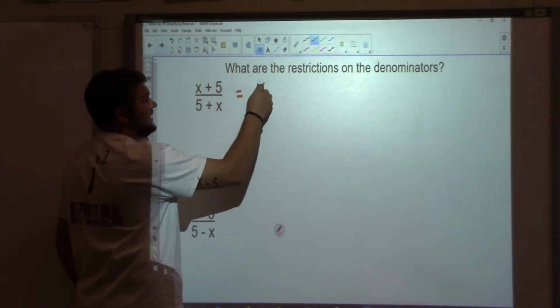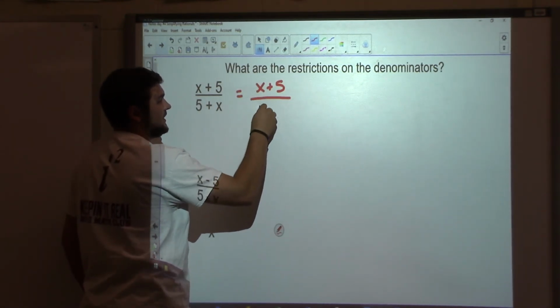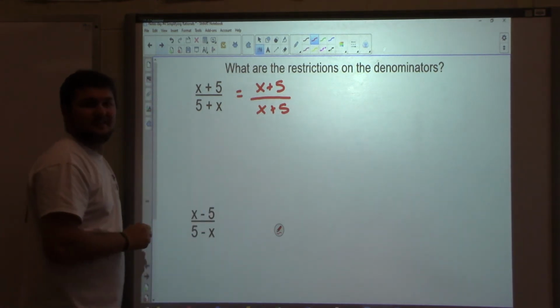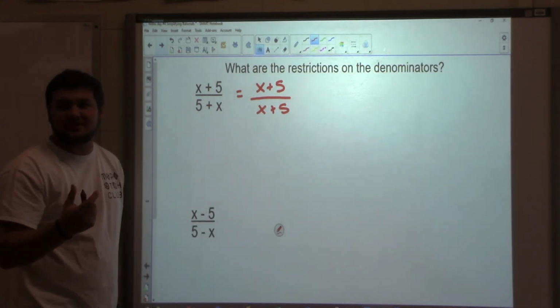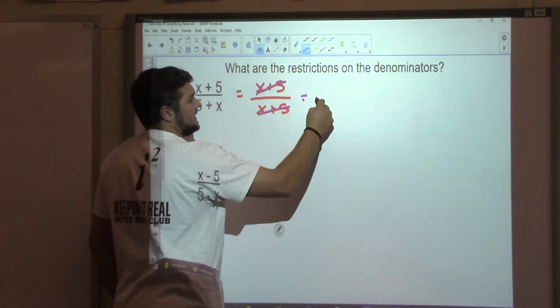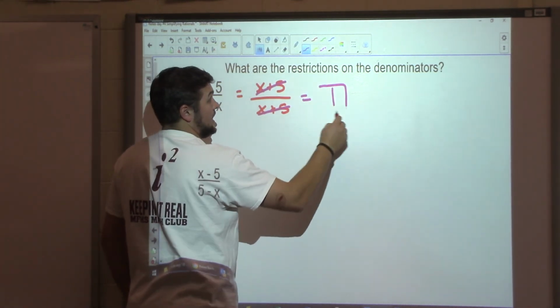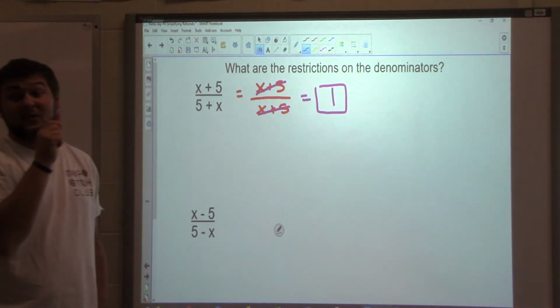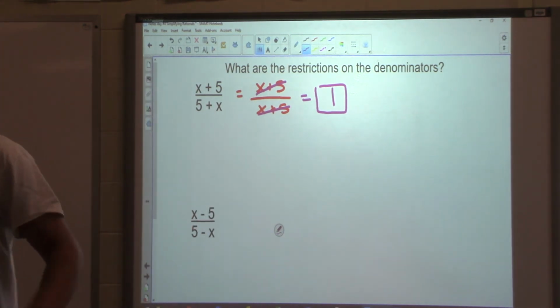So I can make this x plus 5 over x plus 5. Are those the same terms? Yes, so I can cancel those, and I get 1, not 0. Right, because it's technically 1 over 1, which equals 1.